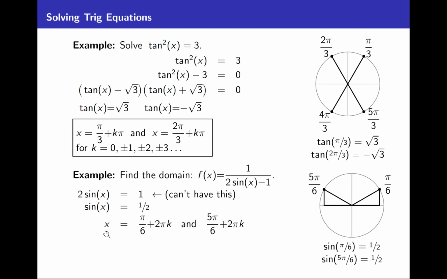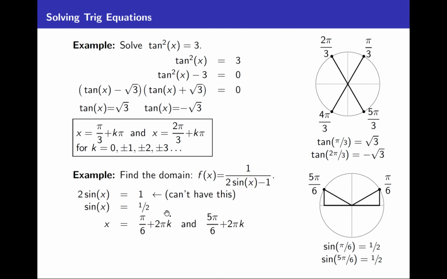So the values of x that make sine of x equal 1/2 would be x equals pi over 6 plus 2 pi k, all the values at this point on the unit circle, and also all the values at this point on the unit circle, which is 5 pi over 6 plus 2 pi k. So those are the values of x that solve this equation.